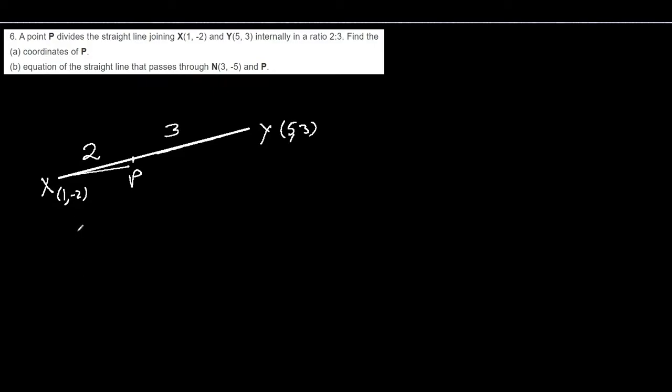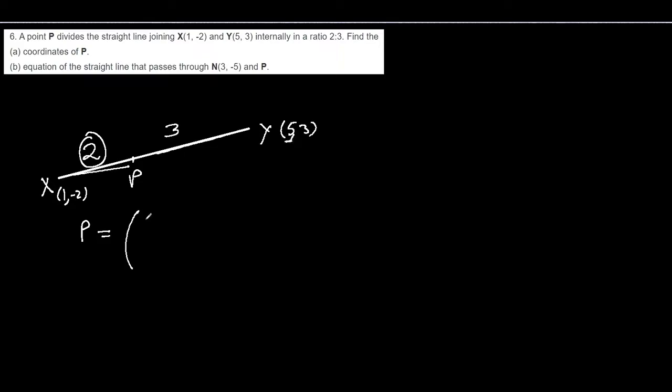So, when we want to find the coordinates of P, which divides the line in a certain ratio, the formula is that this part of the ratio multiplies with the coordinate on the opposite side.